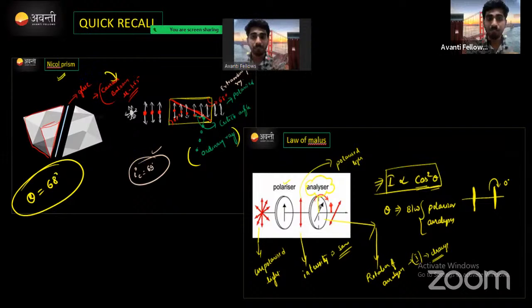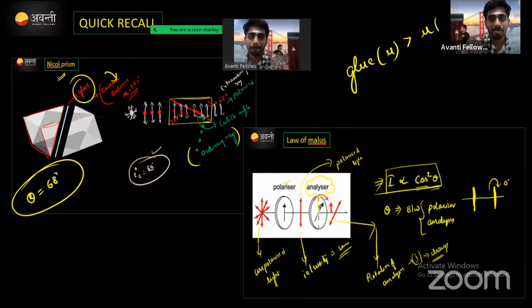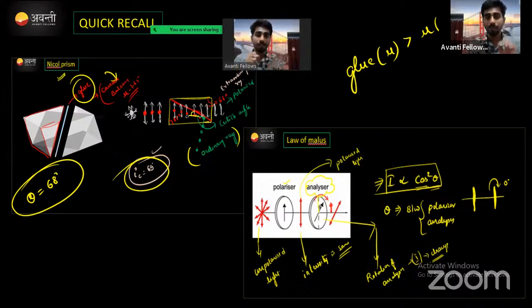For total internal reflection to happen, the refractive index of the balsam should be greater than the refractive index of the prism. The prism's is less than that, meaning 1.2, 1.3, 1.4, anything. During this condition, the perpendicular plane light is incident and undergoes total internal reflection at a particular angle of incidence, which we call the critical angle. It should be greater than the angle of the prism. Then we call these waves the ordinary ray, and the other rays, which are polarized light, we call extraordinary rays. Clear?